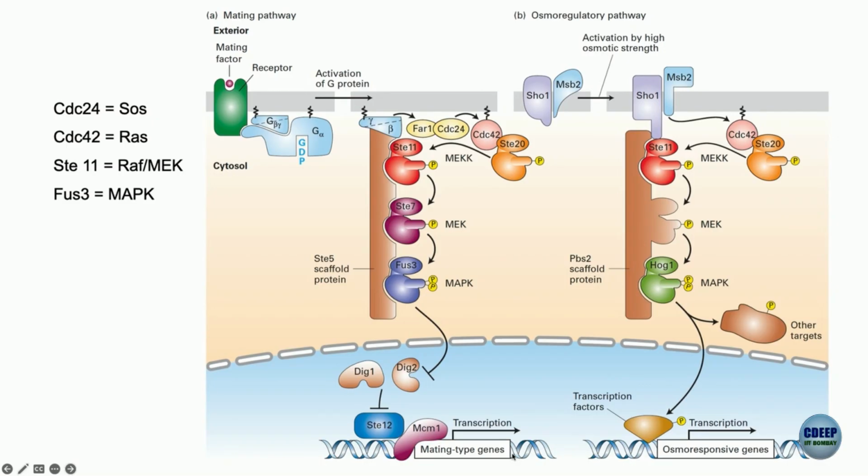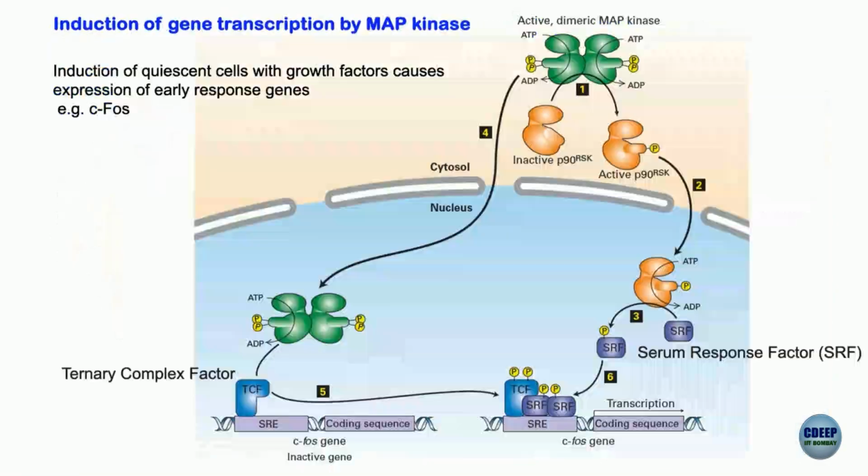So, the pathway which we saw some time before, there was a specific example we saw. What was the example? When you withdraw serum and when you add serum back to the system, what is happening? There is an induction of early response genes. CFOS is one of those early response genes. Where does this transcription factor go and bind to?